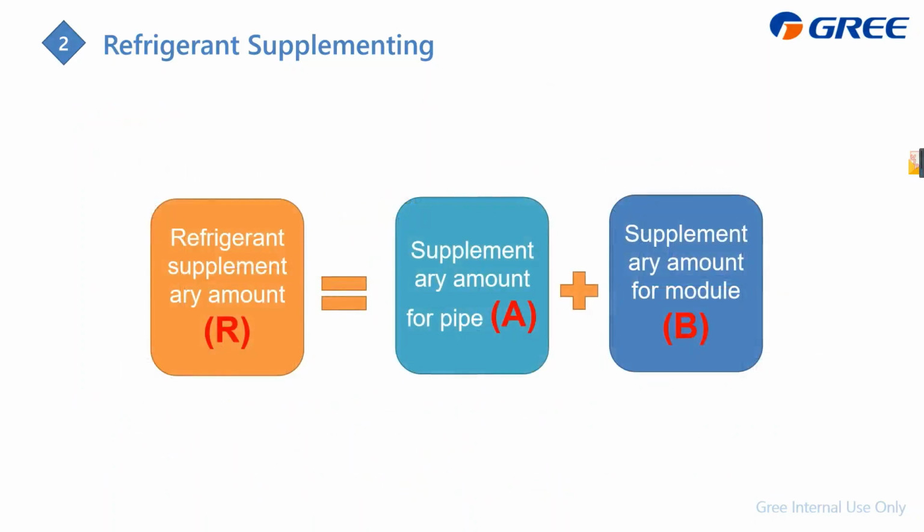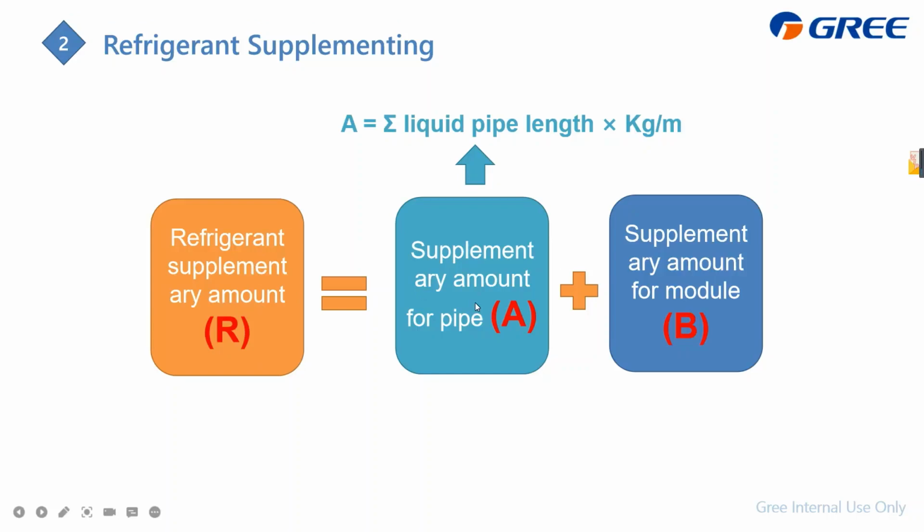How much refrigerant we should charge, we can do the calculation through this selection software, and the selection software can calculate for you how much refrigerant you should charge. So it means no need to do the calculation by yourself. Actually this is the refrigerant supplementary amount.